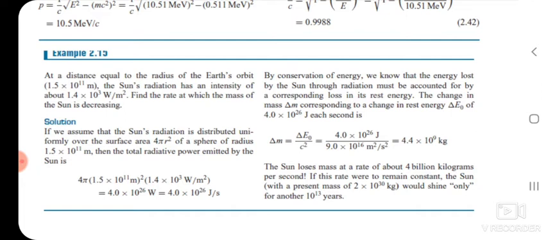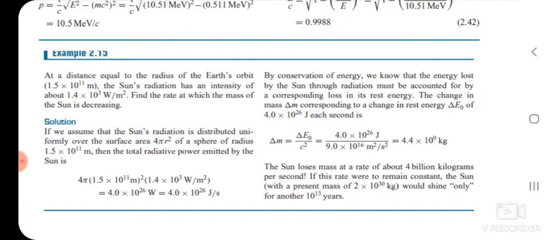If we multiply this, it gives 4 into 10 to the power of 26 watt, or 4 into 10 to the power of 26 joule per second. This much is the radiative power emitted by the sun.